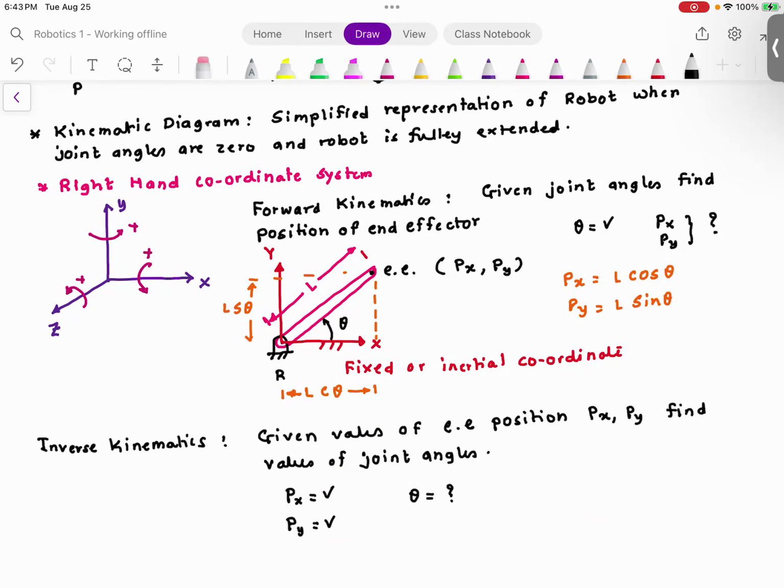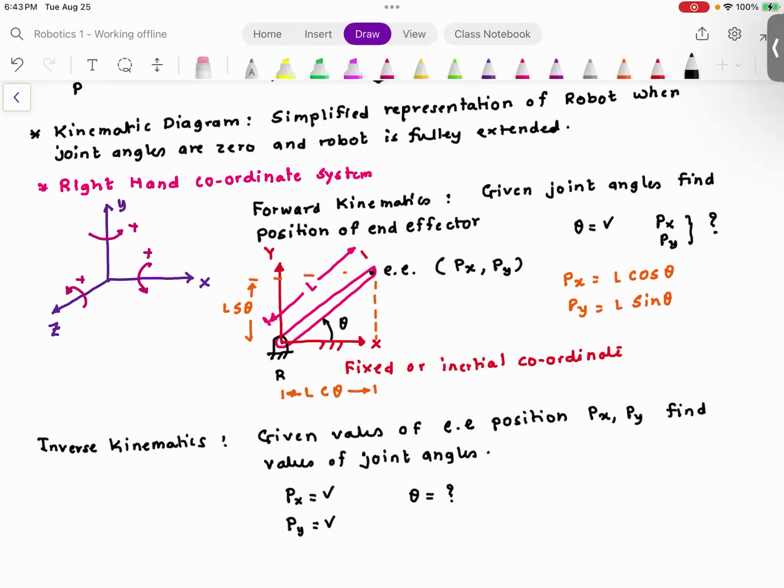Forward kinematics means you substitute the value of theta, get the value of Px and Py. Inverse kinematics is, Px and Py are given to you, and using the robot geometry, you find out the values of theta.